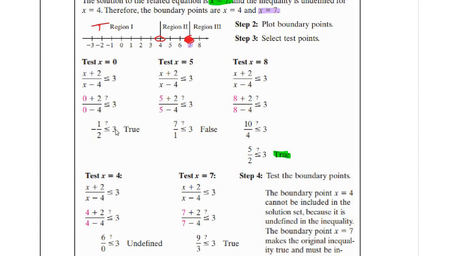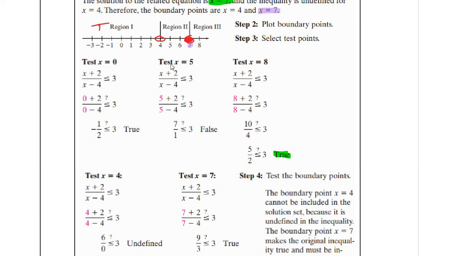So in this case, we see that in region 1 we find a true region, meaning all the numbers less than 4 will make that inequality true. If I substitute it into the x, I will have an answer less than 3.